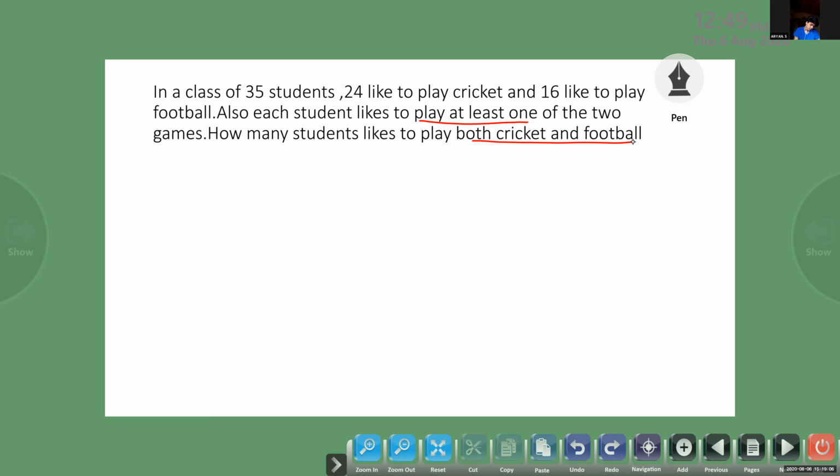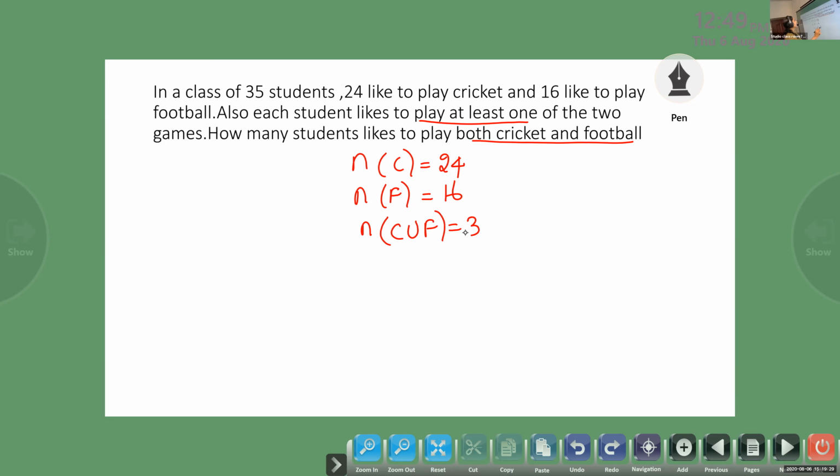So what is N of C? 24. N of F is 16. N of U is 35. N of C union F is 35.